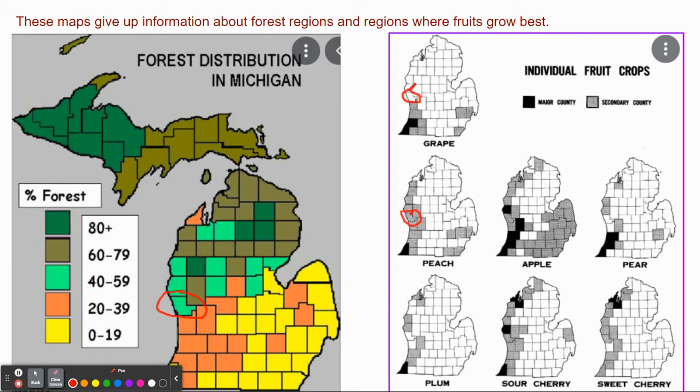Like this one up here, we really don't grow grapes in Muskegon County. And we do have forests. We're right in the middle. We do have forests, but not super heavy forests. And peaches, we're kind of right in the middle. And some of the other fruits. If you keep an eye on Muskegon, you can see what is special about us.